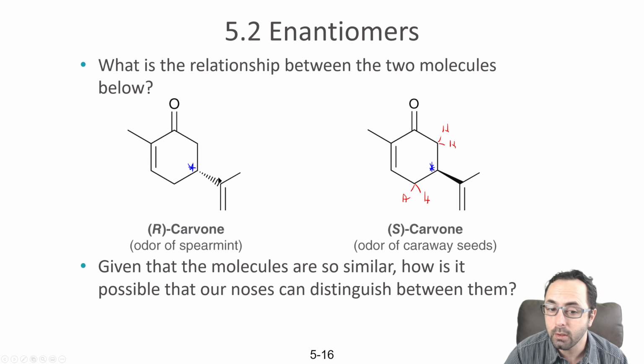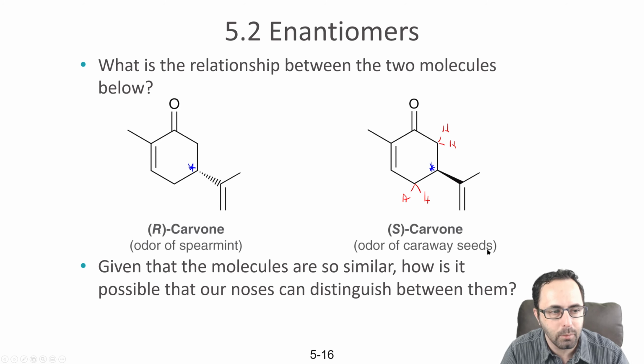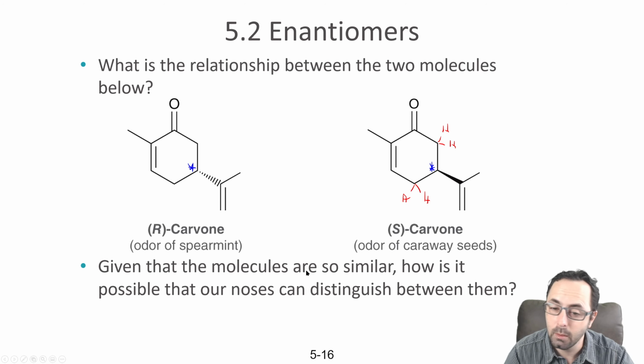Another important idea here is, you're not going to be able to tell whether it's R or S without the dash or the wedge, or whether it's one enantiomer or the other. Notice that these two have different odors, and you're actually going to smell these in lab later on. But otherwise, they have identical physical properties, and that's going to be an issue with enantiomers that we're going to talk about.